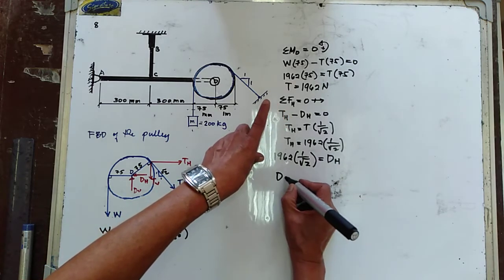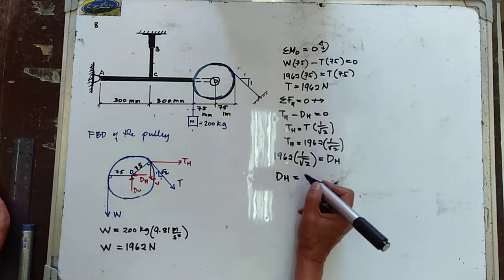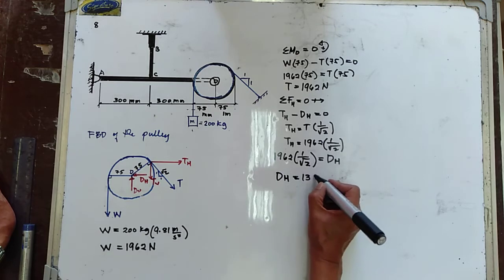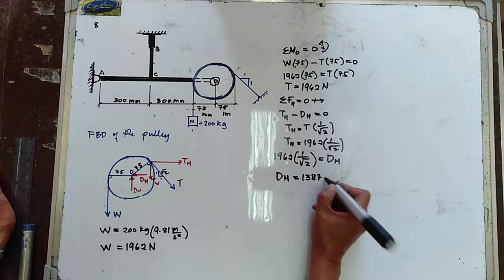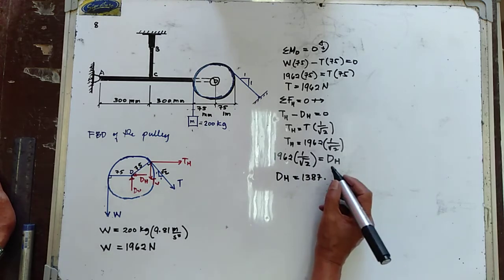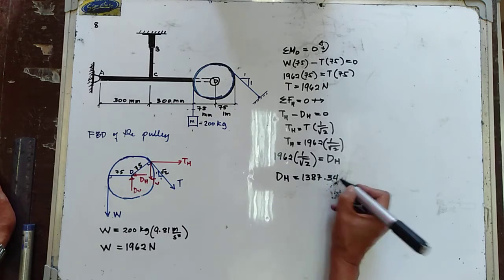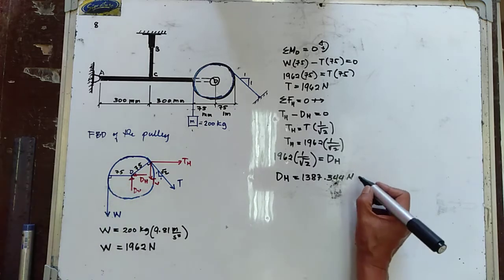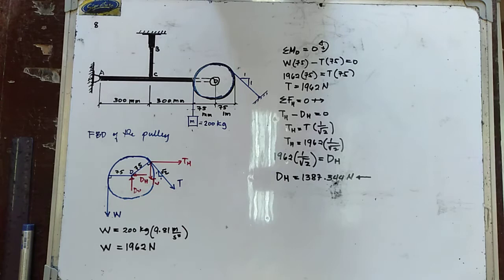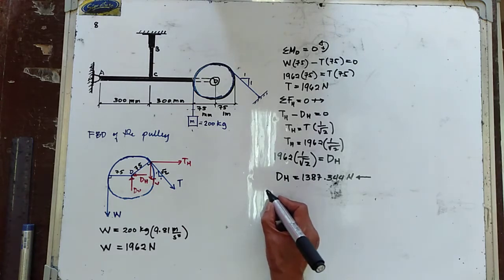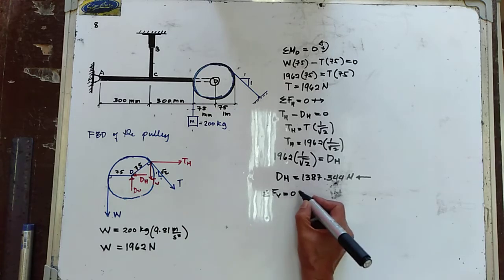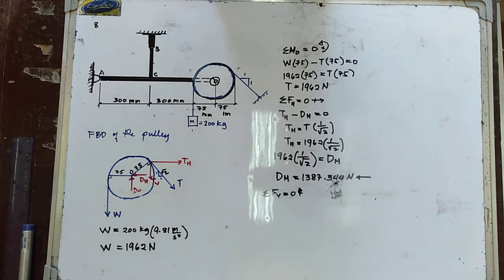So your DH in here is equal to 1387.344 Newton. We get a positive value, therefore the assumed direction is correct, and that is going to the left.